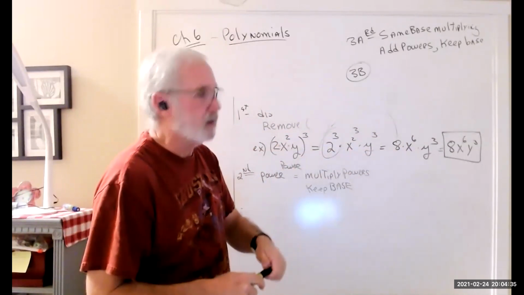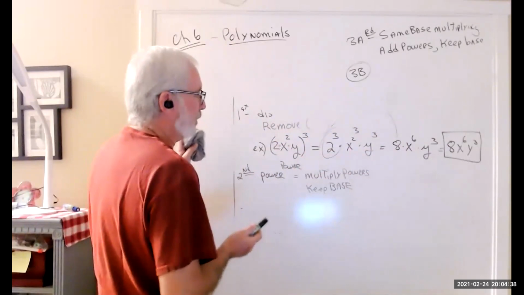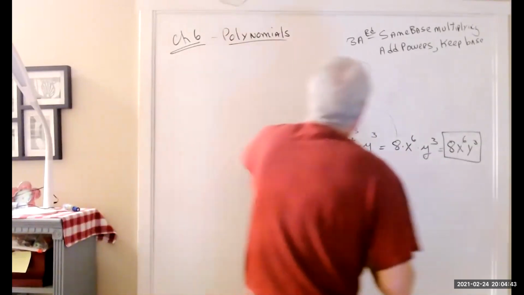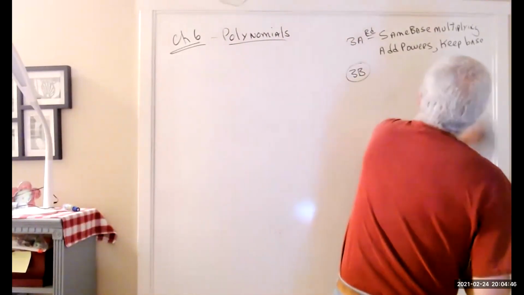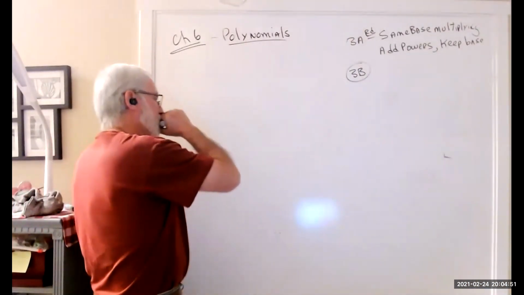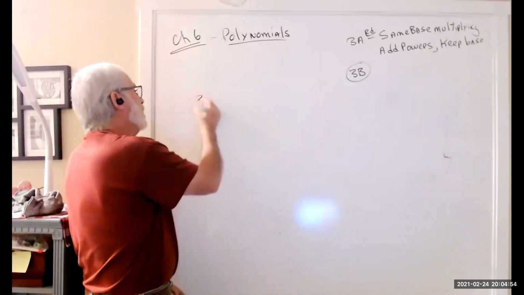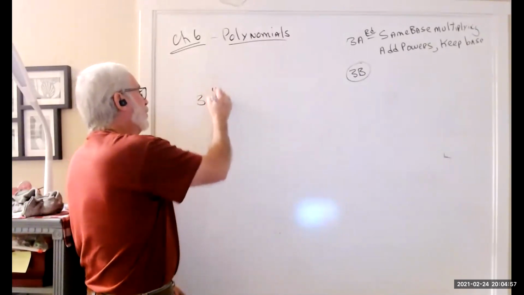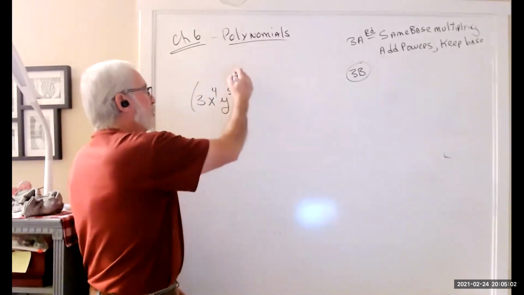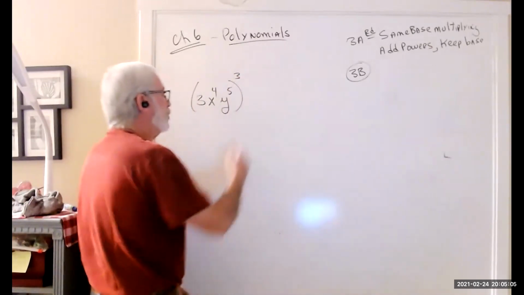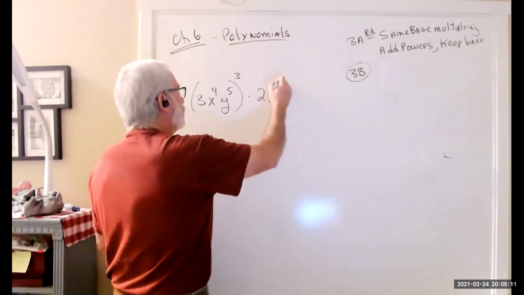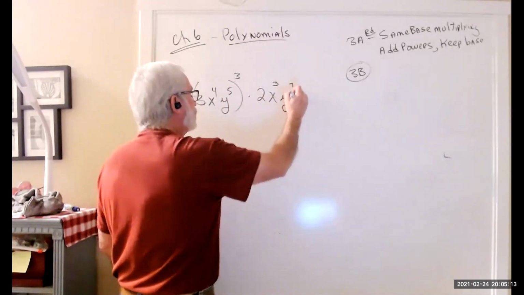Yeah, I get it. Okay. Anybody else? I need to erase for a second. So let's do a more complicated problem: 3x to the 4th, y to the 5th, quantity to the 3rd, times 2x to the 3rd, y to the 7th.